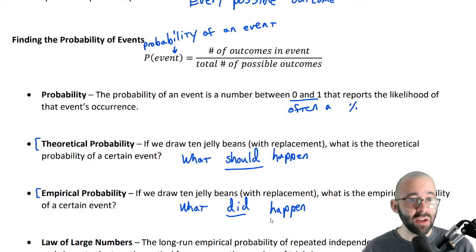And there's a lot of things that we can do so that hopefully the empirical probability is close to the theoretical probability. And one way to do that is to increase the sample size.